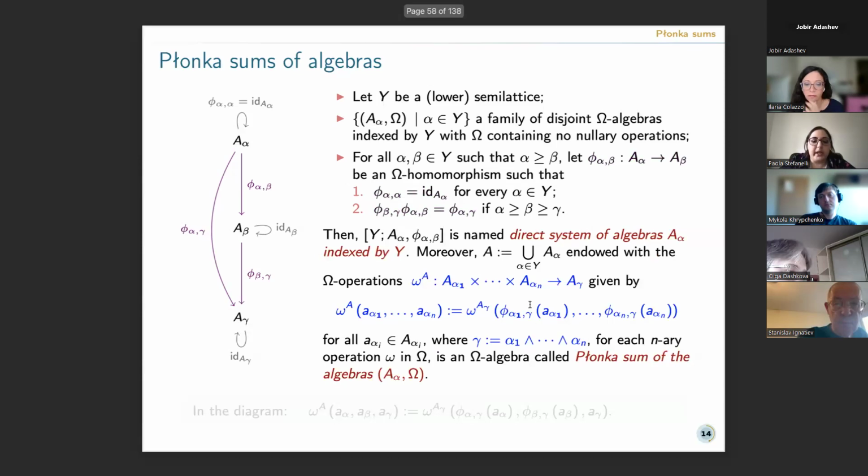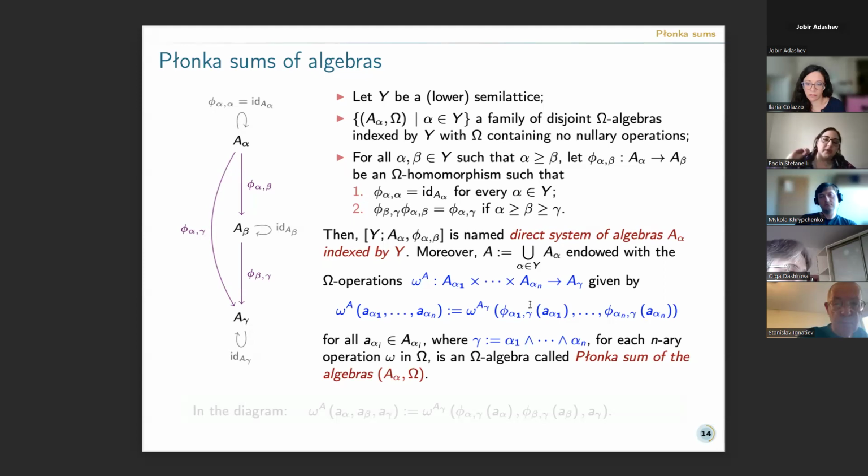In this way, we can define a new omega algebra on the disjoint union of these omega algebras A alpha. In this way, if we have in omega an n-ary operation, we can project any element, and we fix elements a alpha 1, ..., a alpha n in A alpha 1, ..., A alpha n respectively.